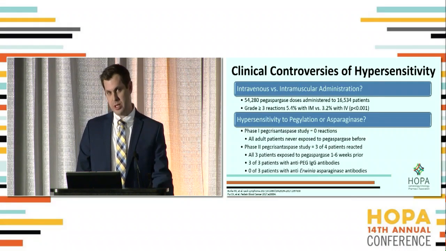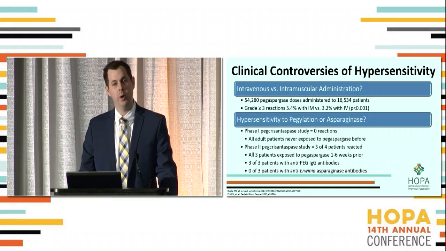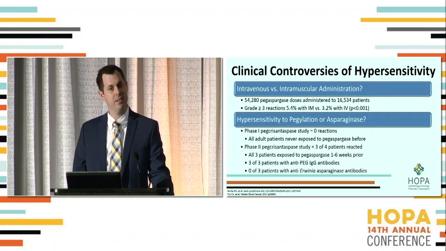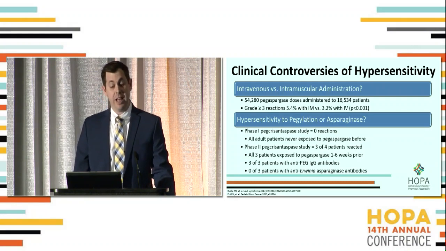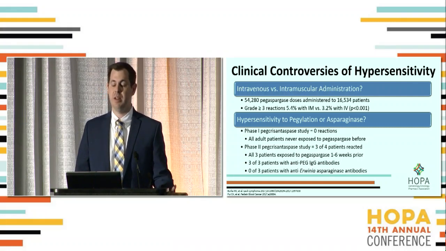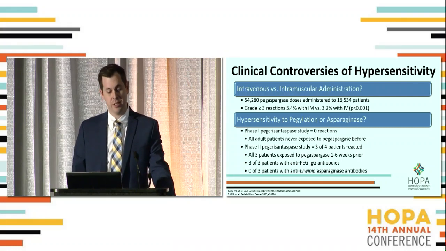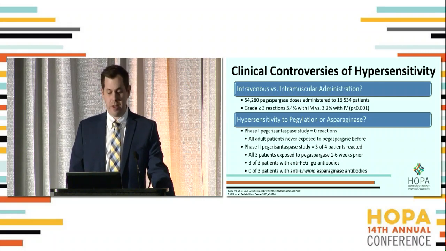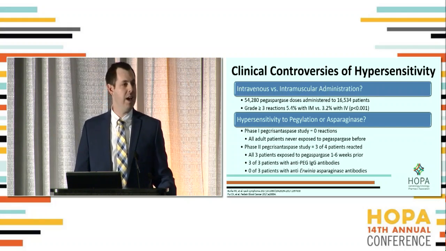So I just wanted to close up the hypersensitivity portion with looking at a couple of clinical controversies. So there's always been this thought of IV versus IM administration, what's better? So that same study that looked at the 54,000 PEG asparaginase doses administered to 16,000 patients, of those patients who had a greater than or equal to grade 3 reaction, 5.4% had those reactions with IM administration versus 3.2% with IV administration, and that was statistically significant.